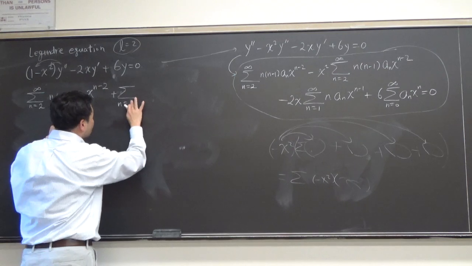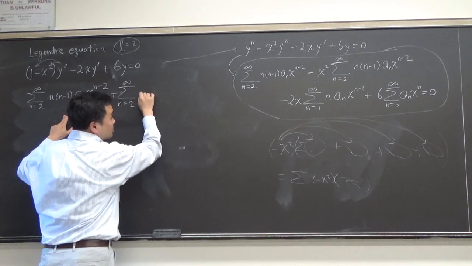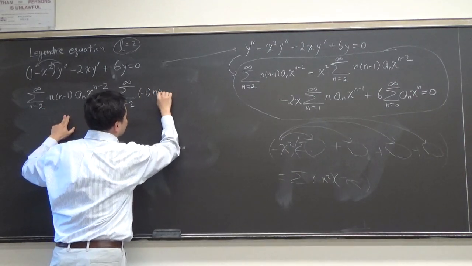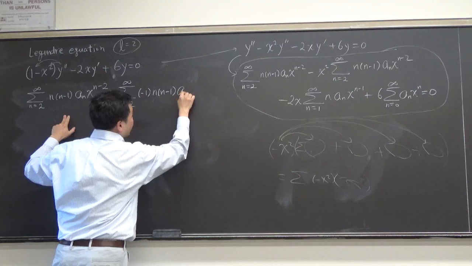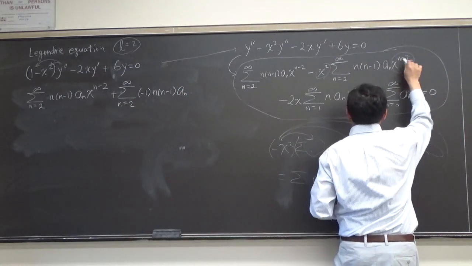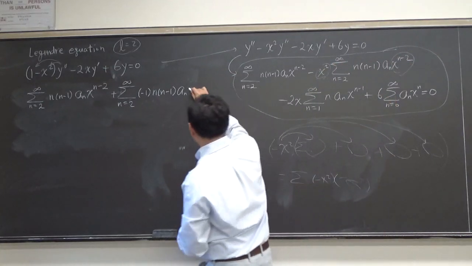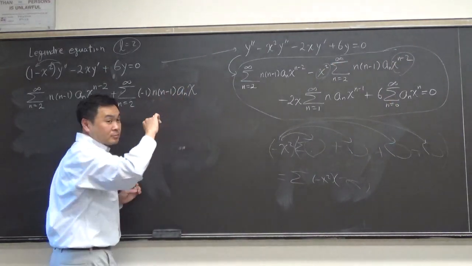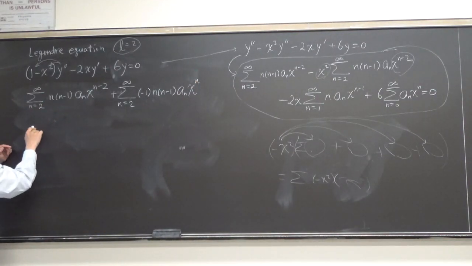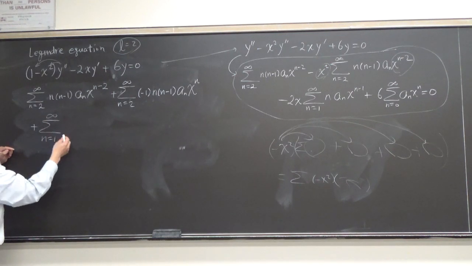n from 2 to infinity of, okay, so you have negative 1 times n minus 1, a_n. The thing is, x squared multiplied with x to the n minus 2, they have the same base, so the exponents add up, so you get x to what power? Nth power, right? Okay, and then plus summation n equals 1 through infinity.